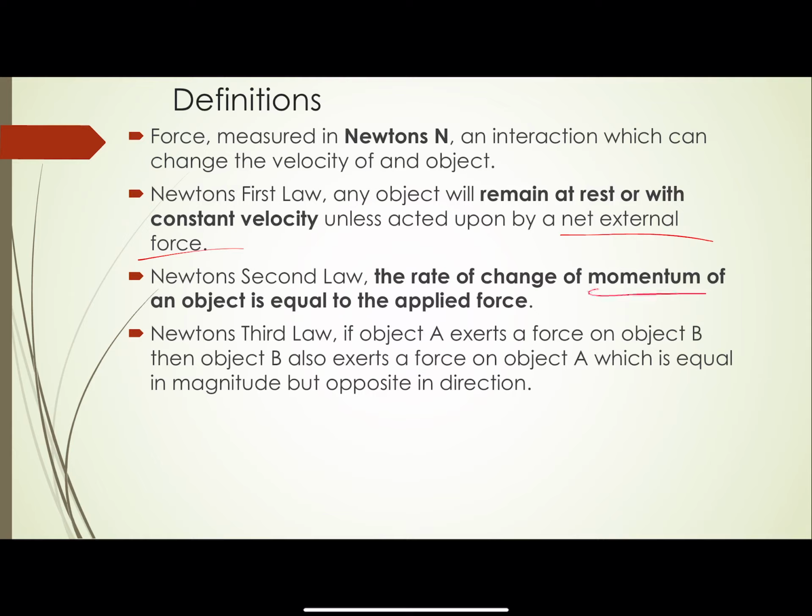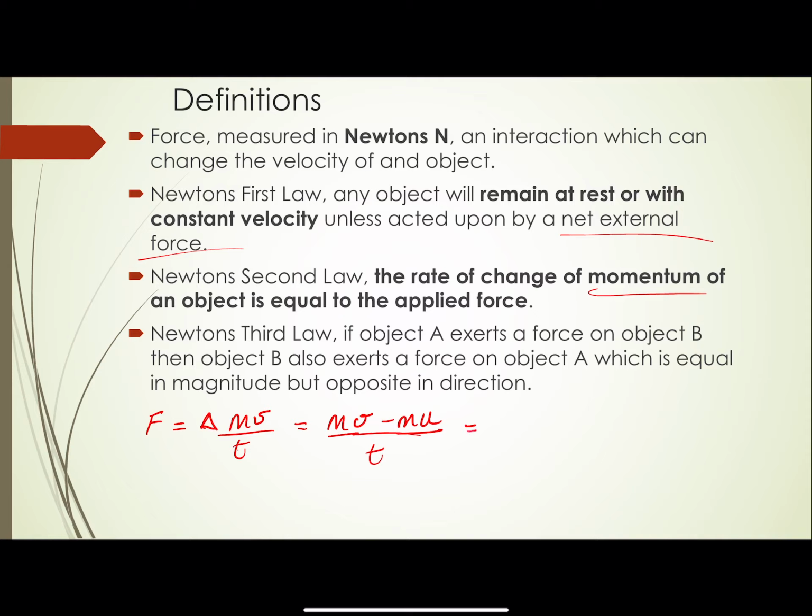Momentum is mass times velocity. So the rate of change of momentum, F equals the change of momentum. Rate of change is anything divided by time. Well, we can expand this to give mv, the final velocity, minus mu. So that's the final momentum take away the initial momentum. Don't forget it's the rate of change, so it's over time.